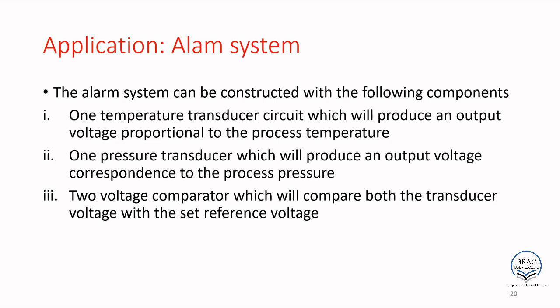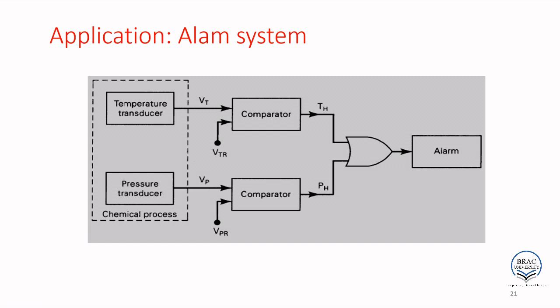Just look at the example. This is your typical alarm system. You have the temperature transducer, you have the pressure transducer. This is the comparator, which is comparing voltage between Vt and Vtr, and this is your pressure transducer, and this is your comparator, which is comparing Vp with Vpr.